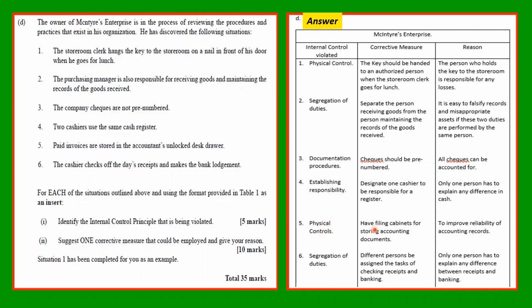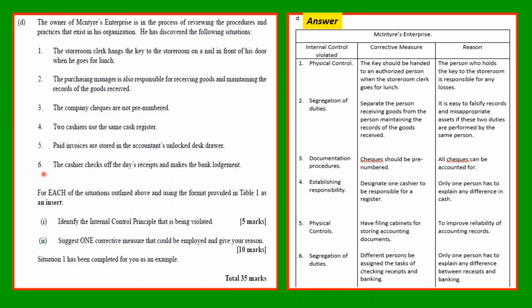So have filing cabinets for storing accounting documents. All right, and you do that so you can improve reliability of your accounting records. Okay, if everybody can just pass and pick up accounting records and interfere with them, then the reliability of your accounting records would be affected.